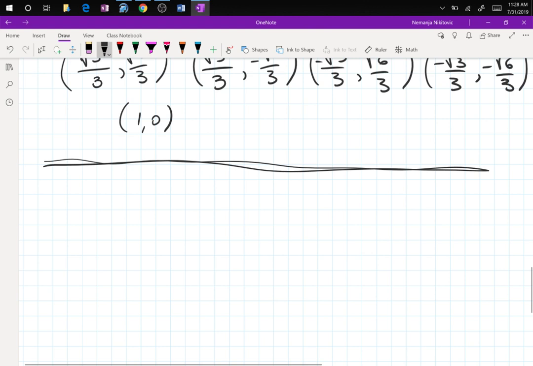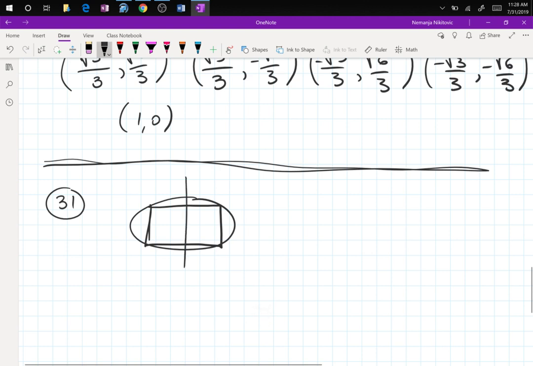So you have, this is problem 31. You have an ellipse, and then you are going to inscribe a rectangle in that ellipse. So when you have this situation, the ellipse is given as 2x squared plus 4y squared is equal to 3.